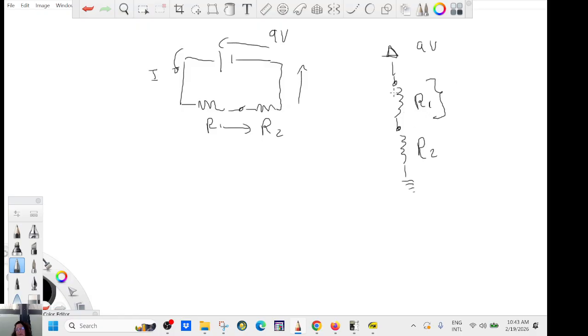So let's take an example. Let's say R1 is 2 ohms. R2 is 1 ohm. And here, let's say it's going to be 3 amps.